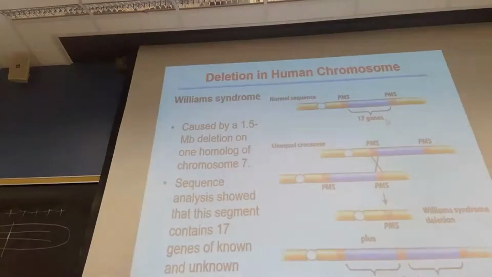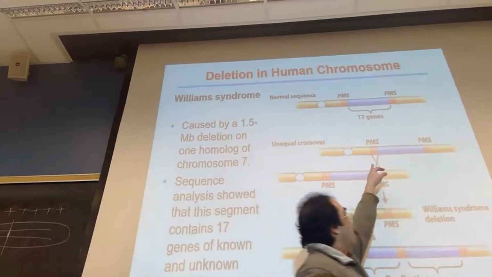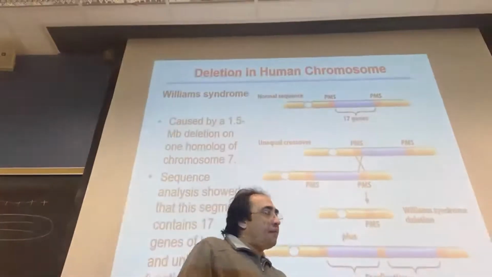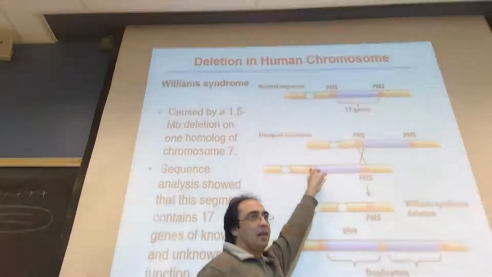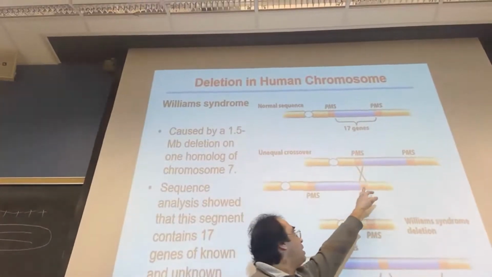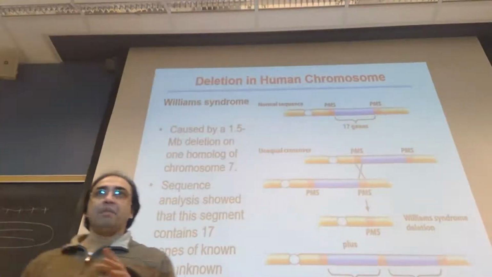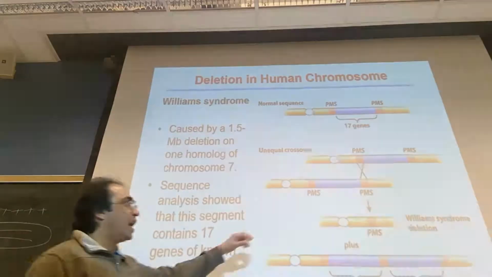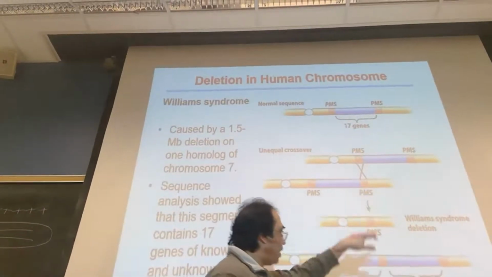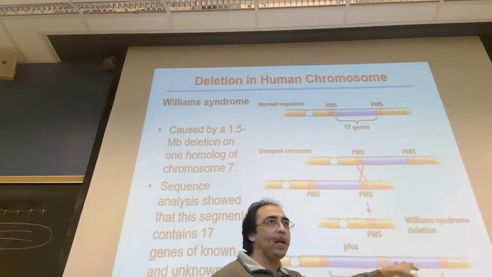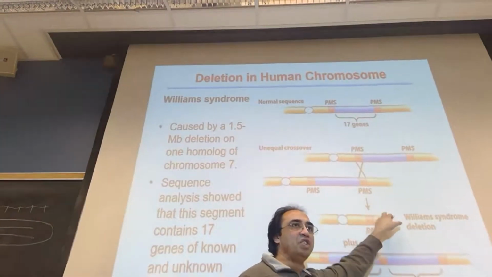If there is unequal crossing over, because there are two sets of PMS here, they can mismatch: one PMS should bind here, but it binds with this one. That could happen with some kind of mismatch repairing. Then with unequal crossing over, one chromosome will contain two duplicated copies of the 17 genes, and the other chromosome doesn't have that 17-gene part.